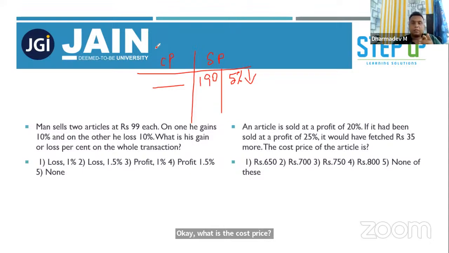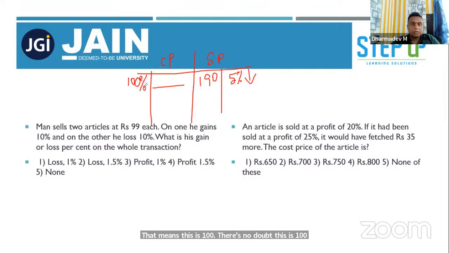The product is being sold at a 5 percentage loss, so the selling price is 190, and it is with the 5 percentage loss. That means this is 100, there is no doubt. This is 100 percentage, no doubt. But what is the cost?